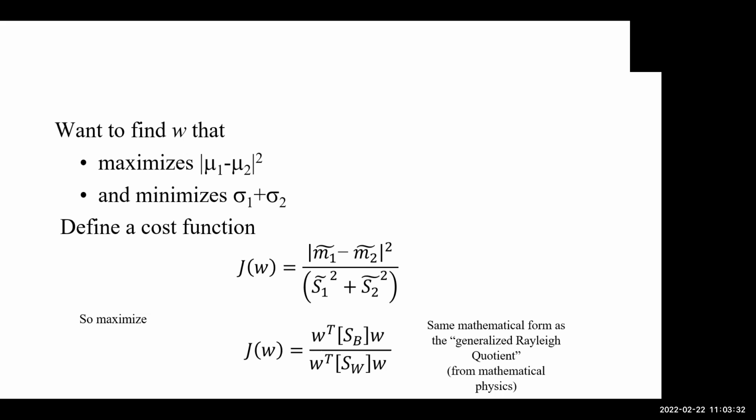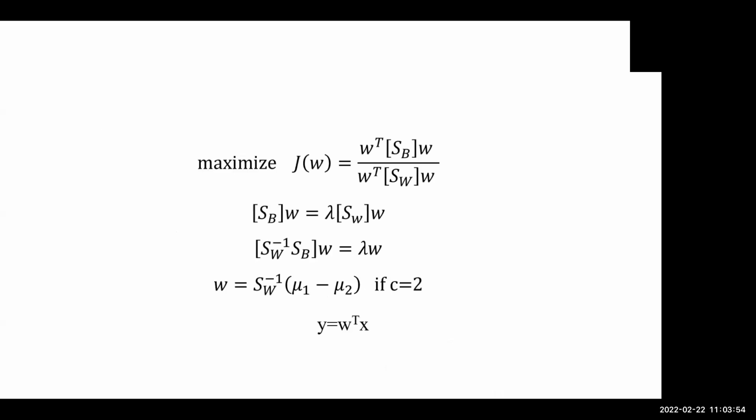And if somebody else already solved it, no reason to reinvent the wheel. This Rayleigh guy who did some work in mathematical physics came up with the same thing, and said, hey, I know how to solve that. So Rayleigh published a paper, and somebody else published about Rayleigh's work and said, hey, I know how to do this.